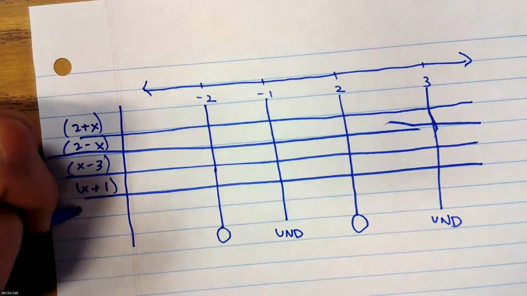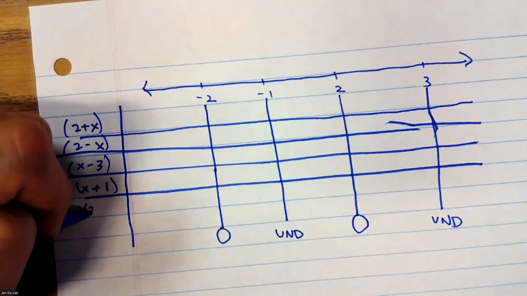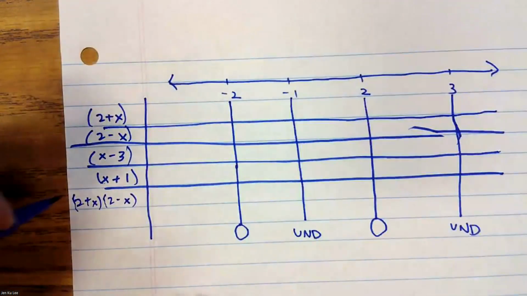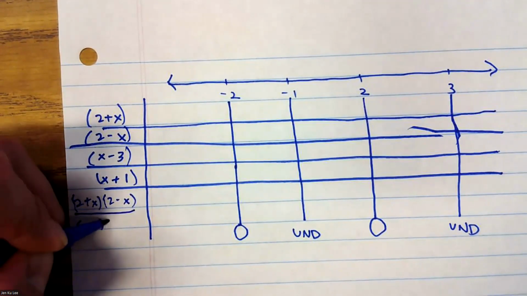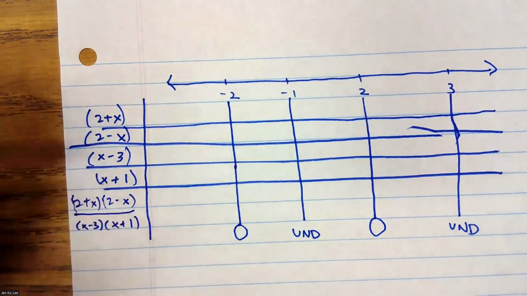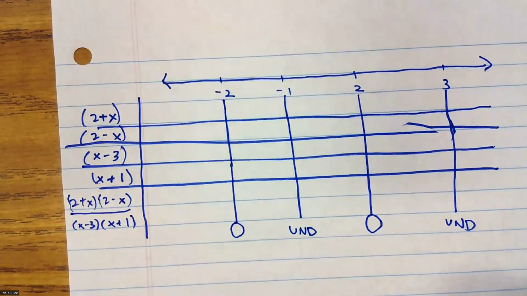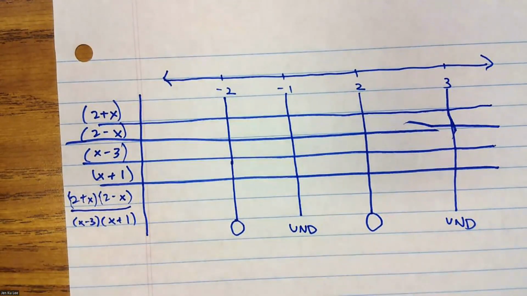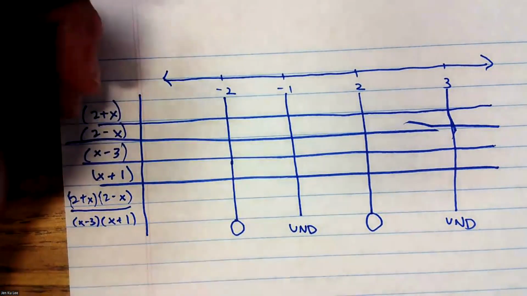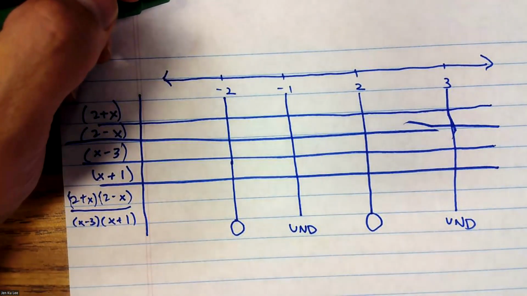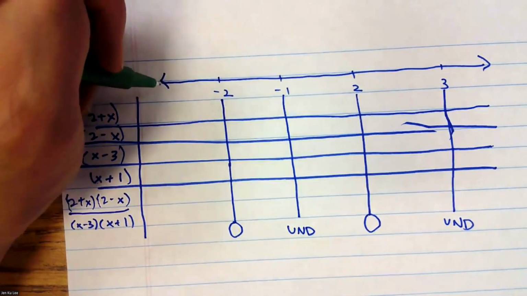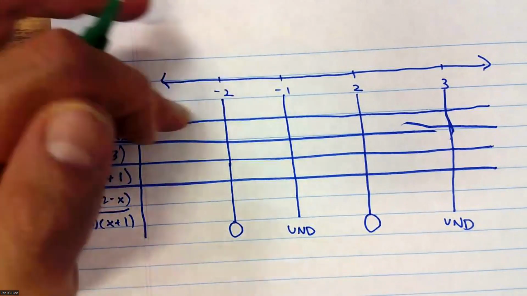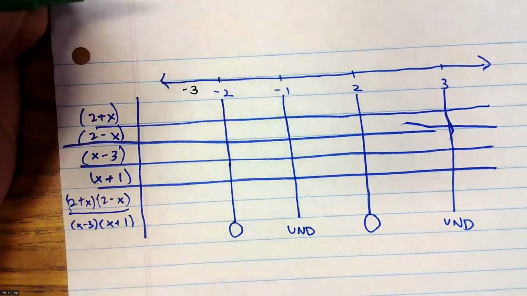And then on the bottom here, I'm just gonna put the whole thing. 2 plus x times 2 minus x over x minus 3 times x plus 1. Okay. Getting my test points. Remember my test points? So here, one number that will represent this whole interval would be negative 3.